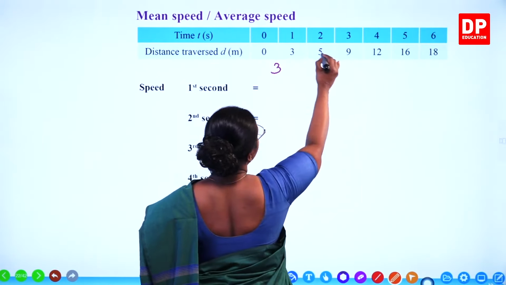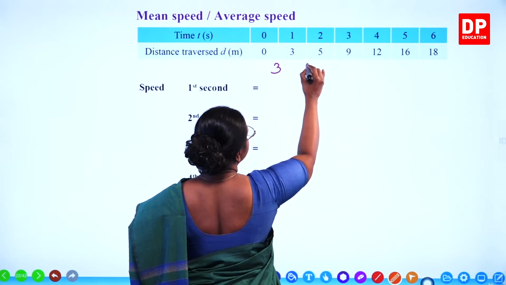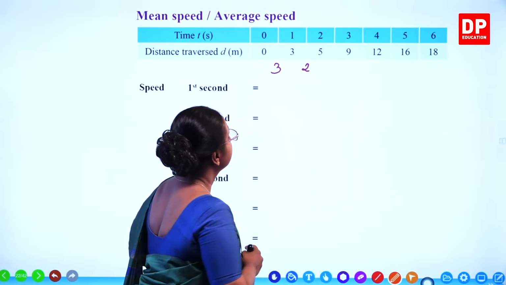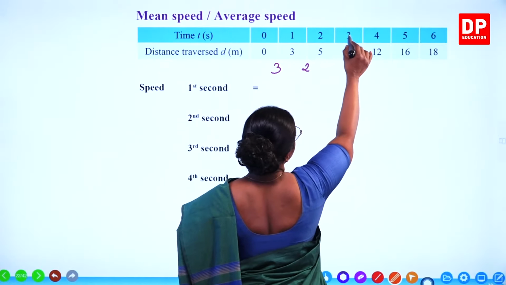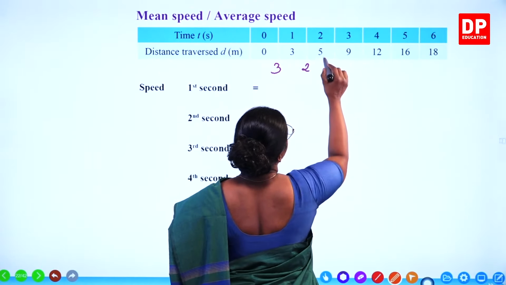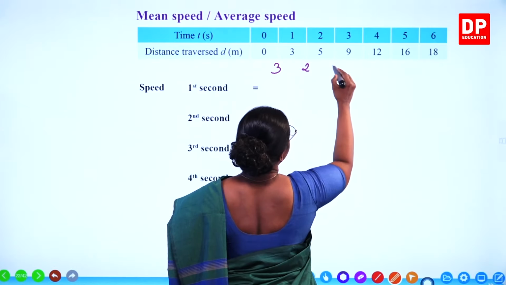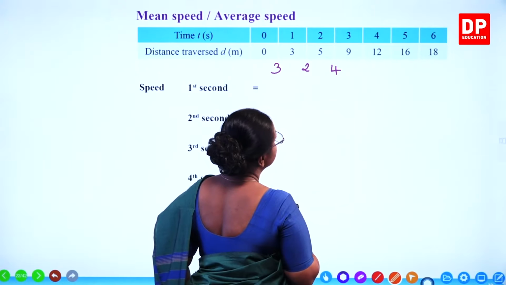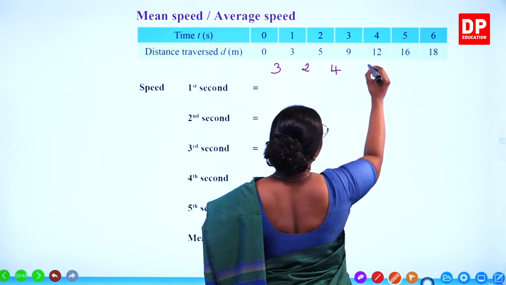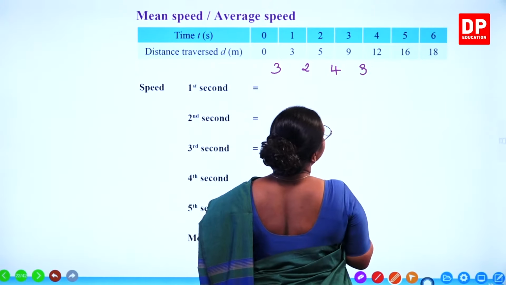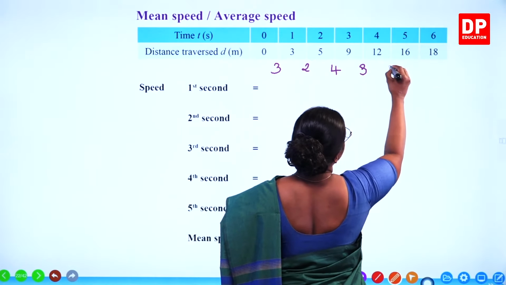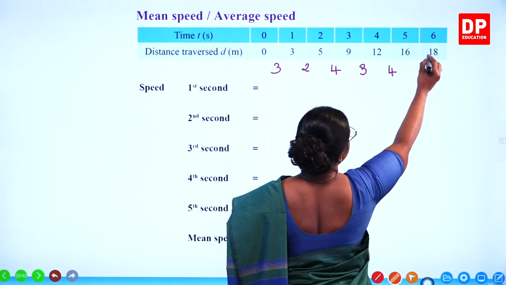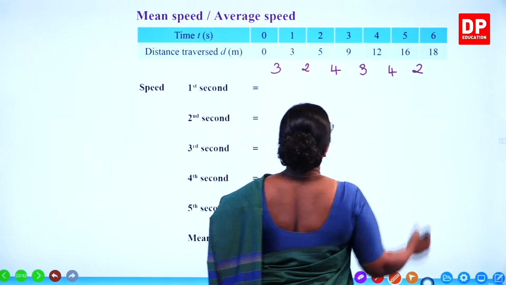But from 3 to 5, there is a change in distance of 2 meters. From the second to the third second, it goes from 5 to 9, so the distance traveled will be 4 meters. 9 to 12, again it's going to be 3 meters. 12 to 16, 4 meters. And finally from 16 to 18, 2 meters.